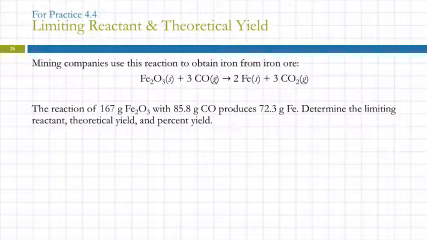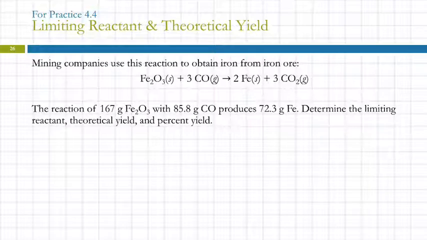Let's do another one. Talk about mining. Mining companies use this reaction to obtain iron from iron ore. Reaction of 167 grams of Fe2O3 with 85.8 grams of CO produces 72.3 grams of iron. Determine the limiting reactant, the theoretical yield, and the percent yield. So it's asking for 3 things.